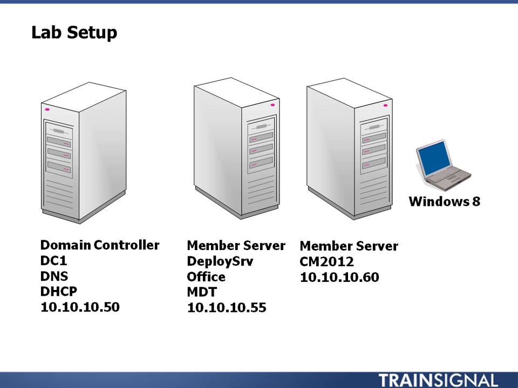Has a static IP address of 10.10.10.55. Over on member server number 2, its name is CM2012, and I bet you can guess what it's running. Configuration Manager 2012, and it also has the Office files mounted in the DVD. It has a static IP address of 10.10.10.60.